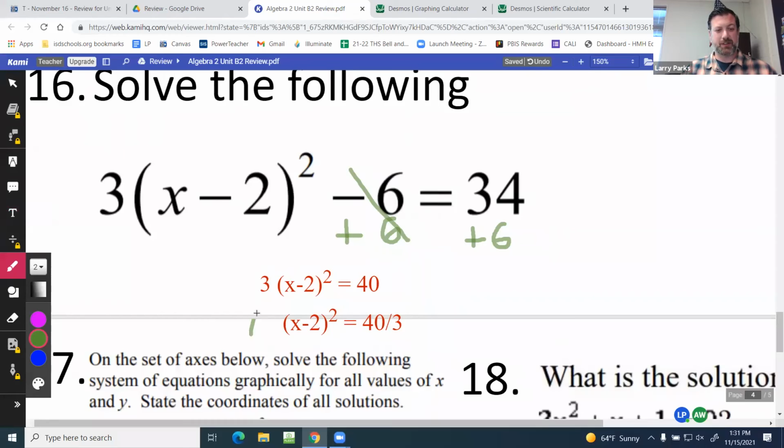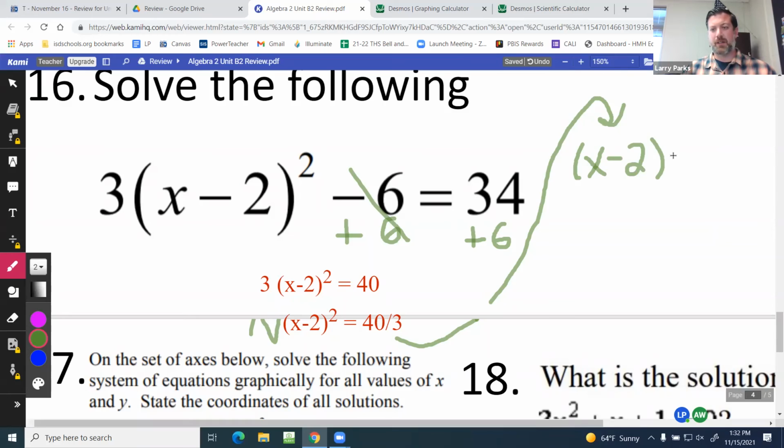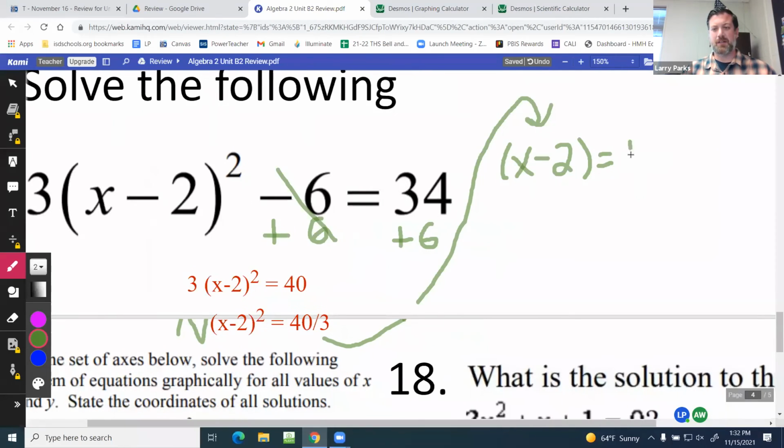So I would take the square root of both sides. And I would get, gotta put it up here, I would just get x minus 2 equals plus or minus square root of 40 over 3.